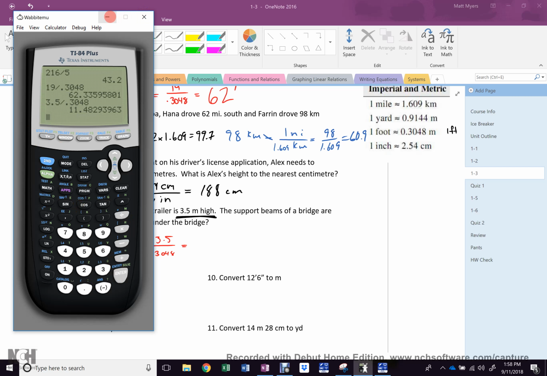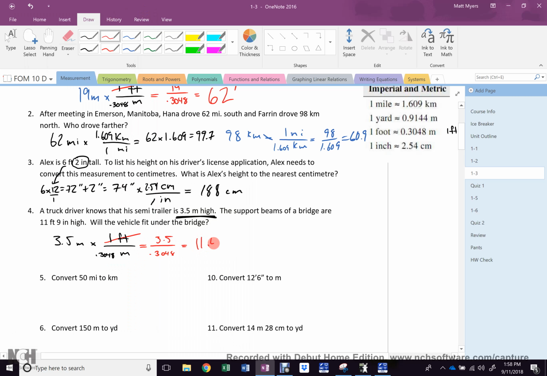So my truck is 11.48 feet. Now, we don't like decimals, do we? Is 0.48 pretty close to 0.5? So is my truck basically approximately 11.5 feet? And isn't 0.5 of a foot 6 inches? So my truck is 11 feet 6 inches.